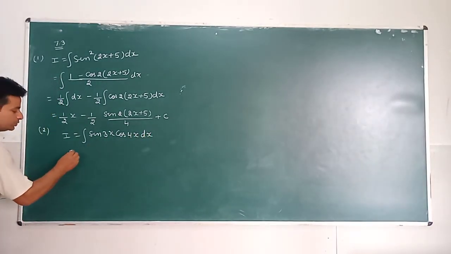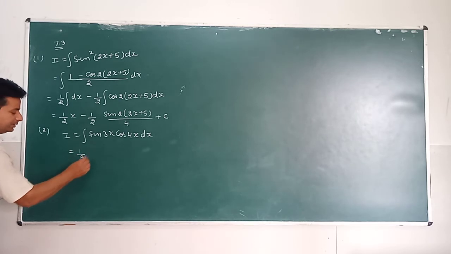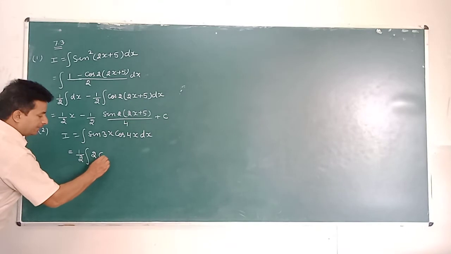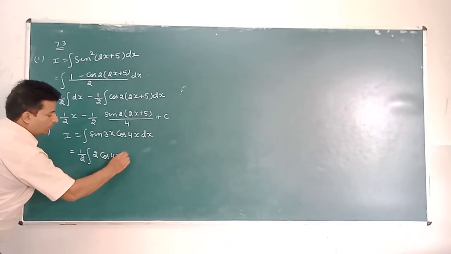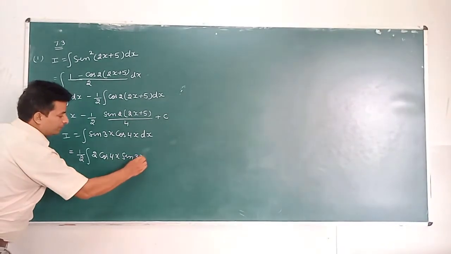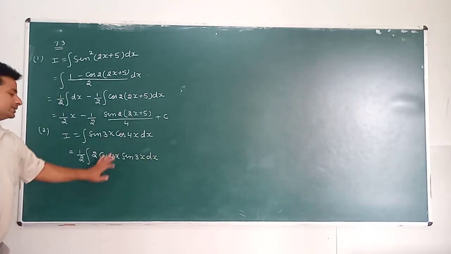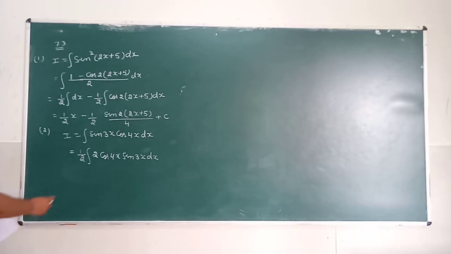In this type of question, first we divide this by 2, multiply by 2, and take the term of greater angle in front. This means we take cos 4x and sin 3x.